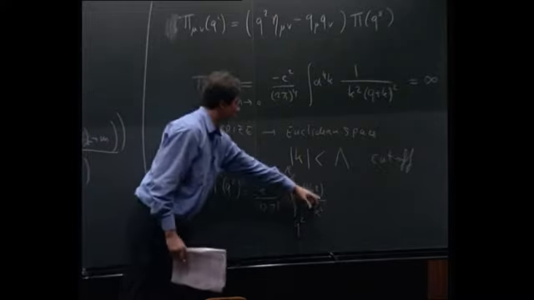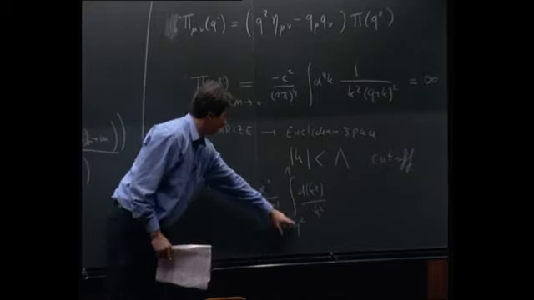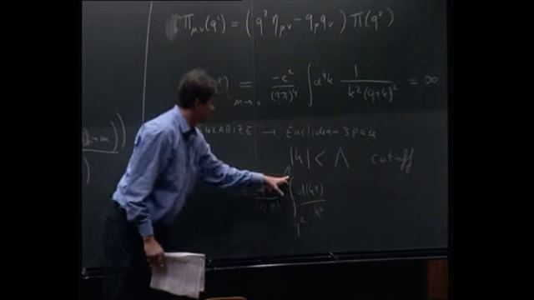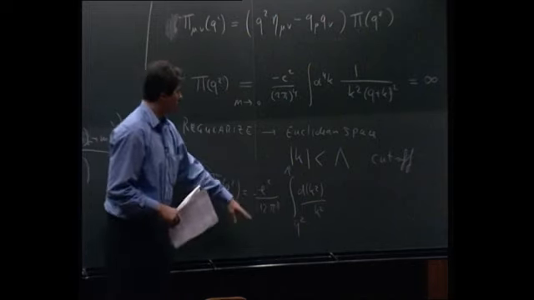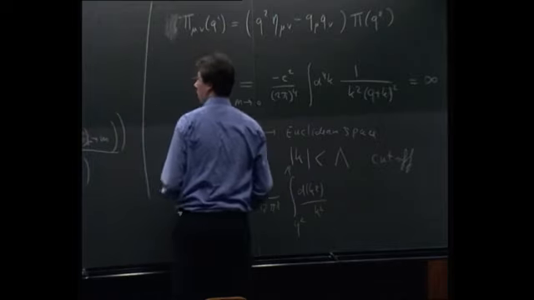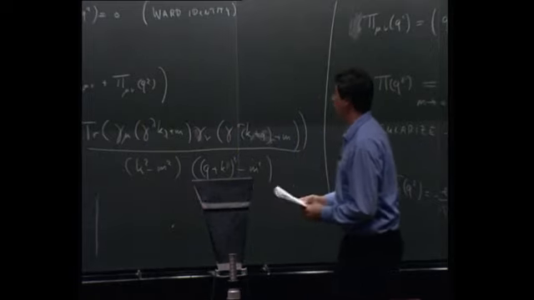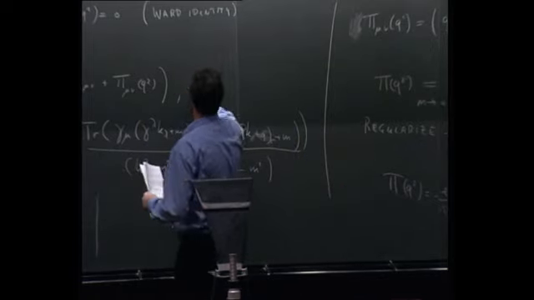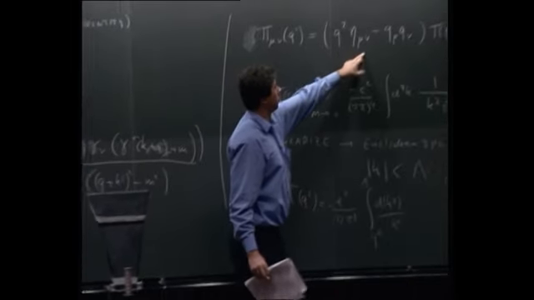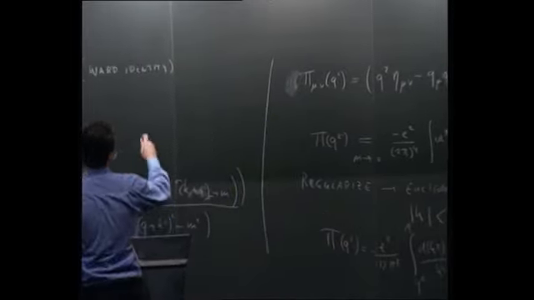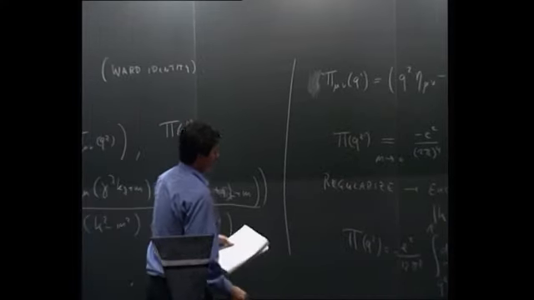And this integral you can do, it's a logarithm, but it has a logarithm with two boundaries, two values between the integration region. And so this expression will give you the following result, that I'll just write down here. So I already indicated that pi mu nu has this form, and then pi of q squared is, sorry, yes?